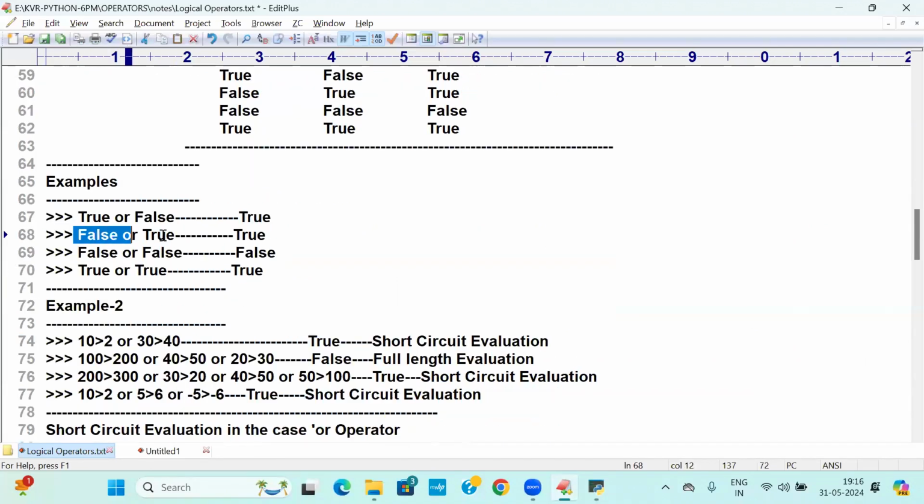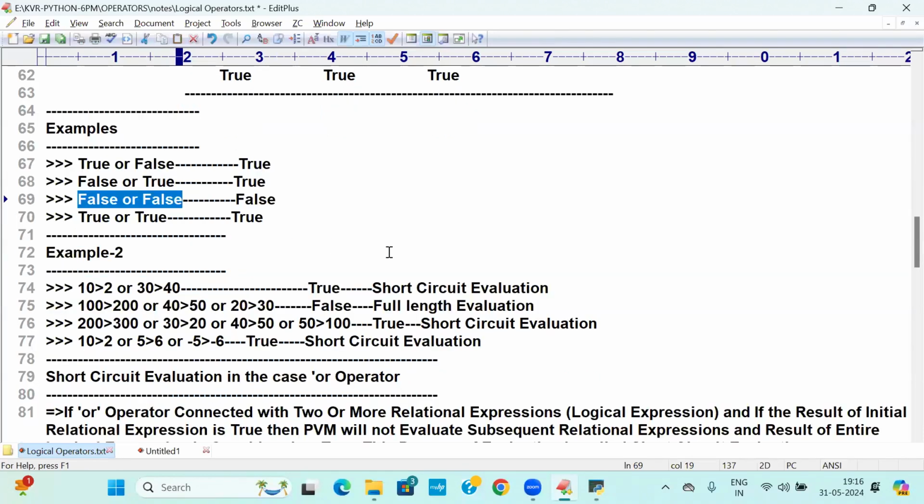True. False or true? False or false? Which false? Second false. Why? When the first one is false, definitely it will go to the second. If the second is also true, for example, true is the result. Now the second is also what? Which one is influencing the total? Second false is influencing the total false.